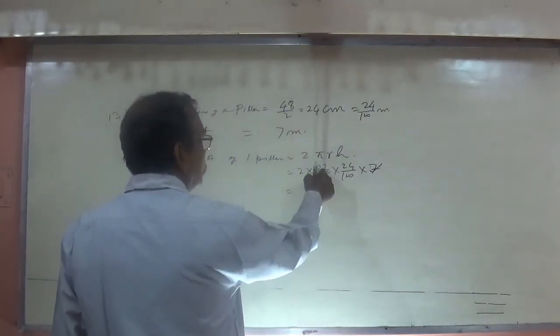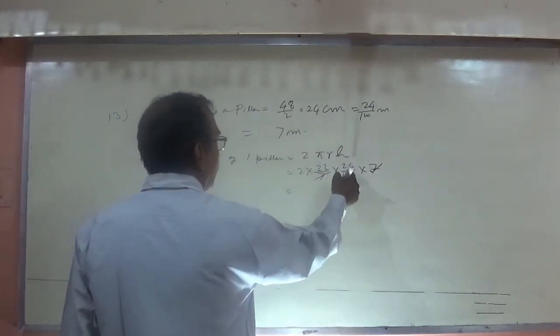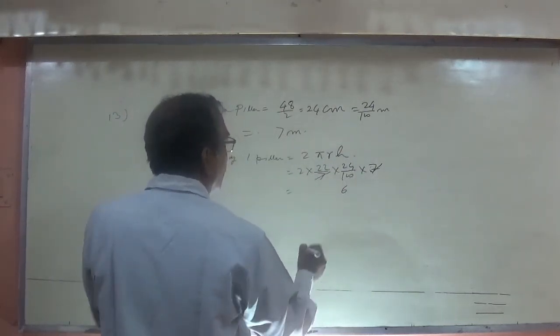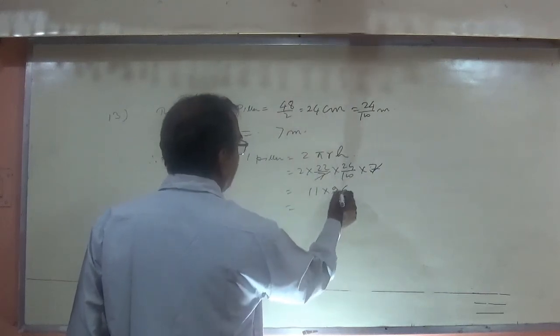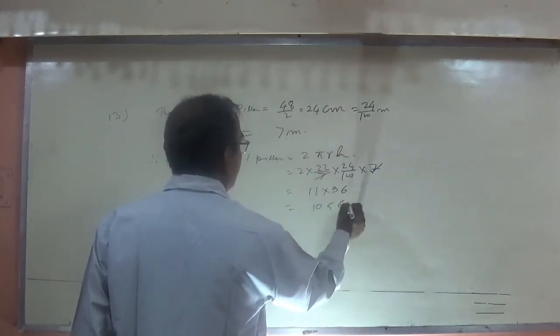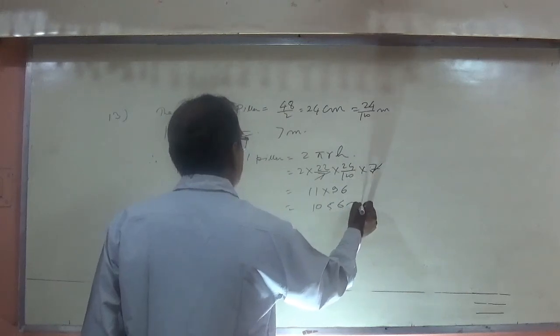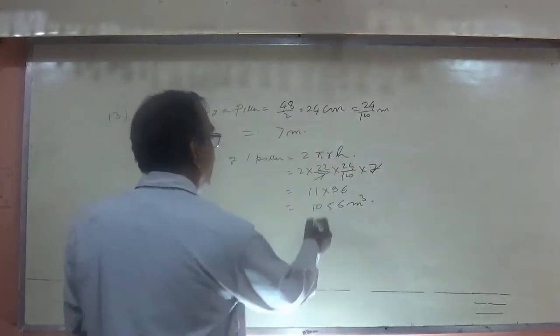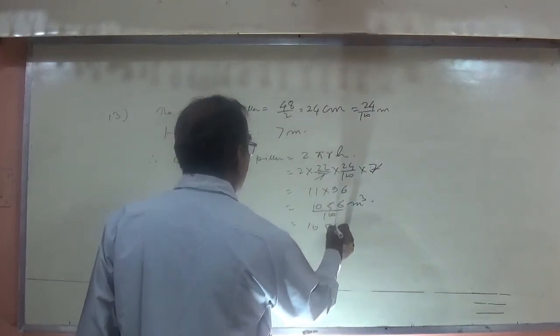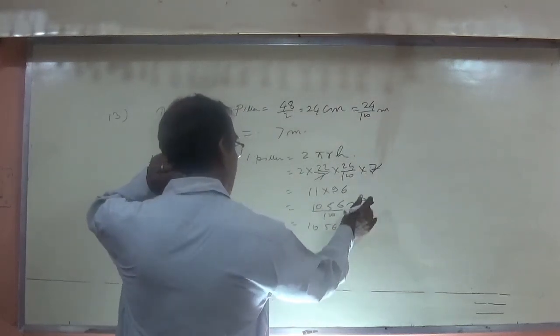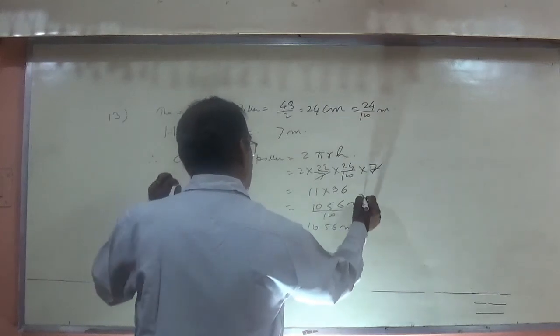Take out 2 from here: 2 twos are 4, 4 fours are 16, carries 1, 4 twos are 8, 96 into 11, which gives 1056. By 100 also is there, so it will be 10.56 meter square, the curved surface area.